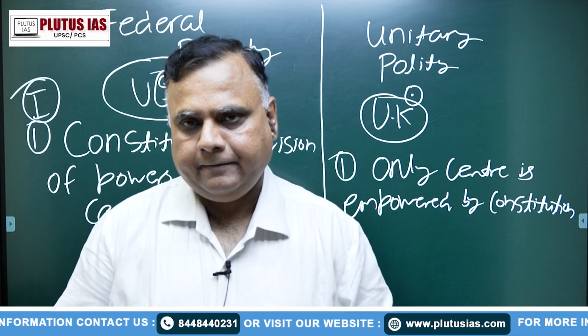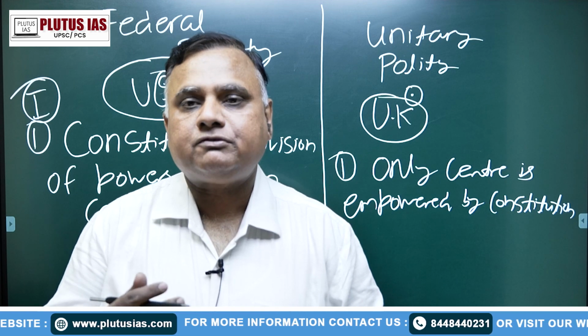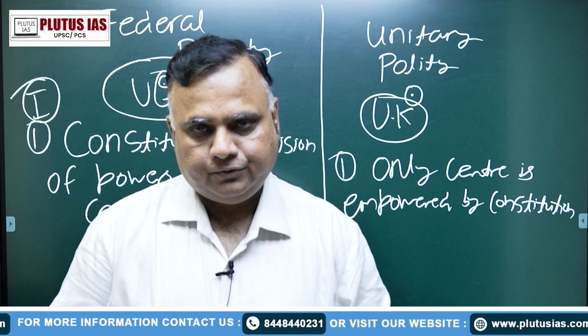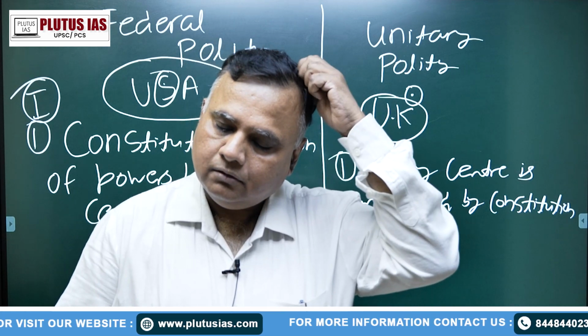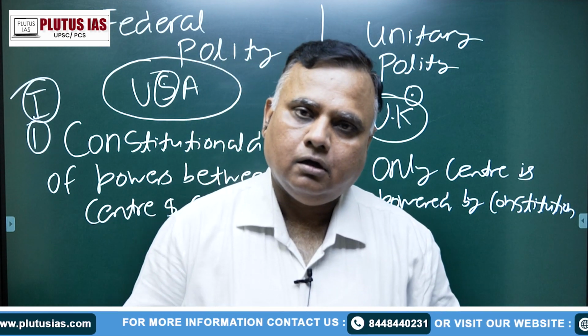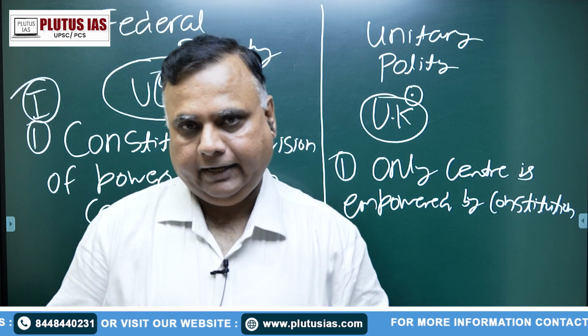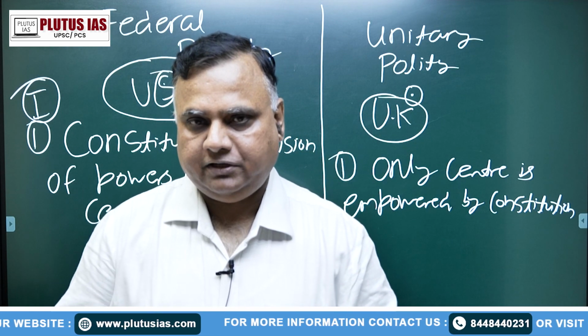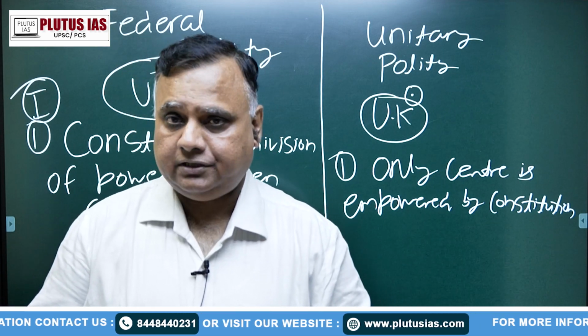India's federalism is often compared with US federalism. So we must know the differences between the federalism of the US and the federalism of India, the quasi-federalism of India to be very precise. Because India is not a federation of states.